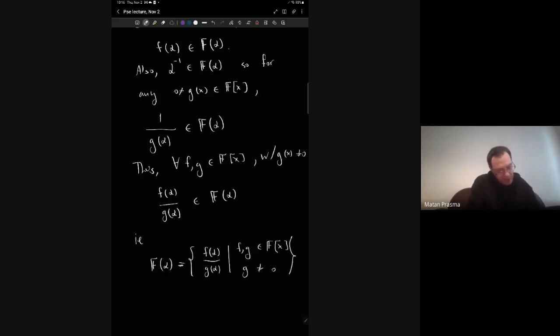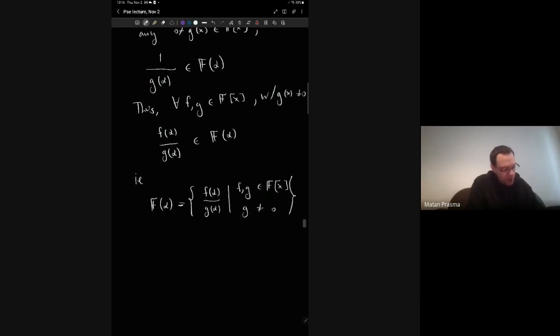Of course, you can multiply two elements in the field. You can also add two elements in this set, and the inverse of f of alpha over g of alpha, assuming that this is a non-zero element, meaning that f of alpha is non-zero, is simply g of alpha over f of alpha.